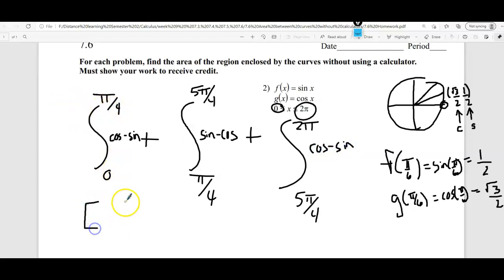Okay, so what we're going to do is integrate these now. The integral of cosine is sine. And the integral of sine is negative cosine, but since there's a minus here and the negative that this creates when you integrate it, it becomes a plus. That's going to become plus.